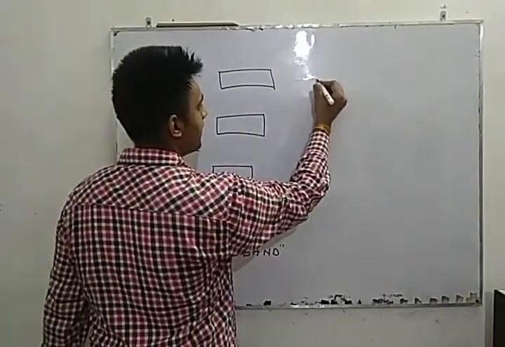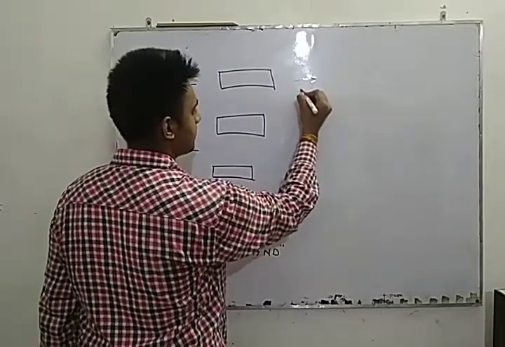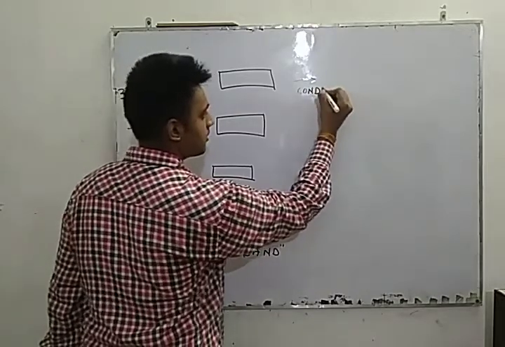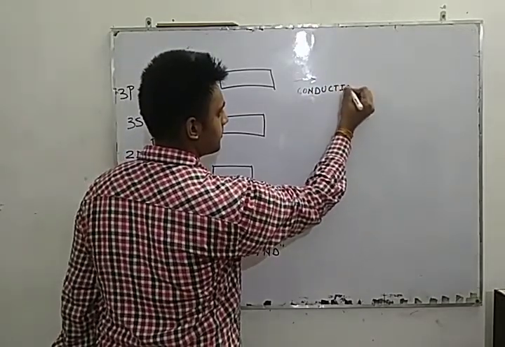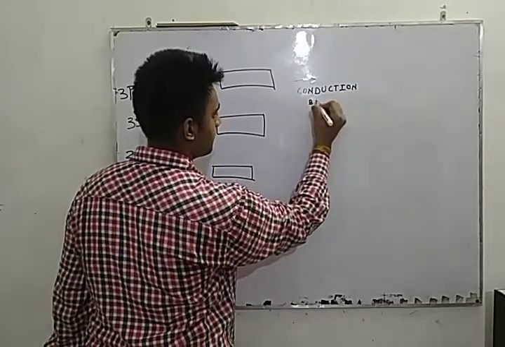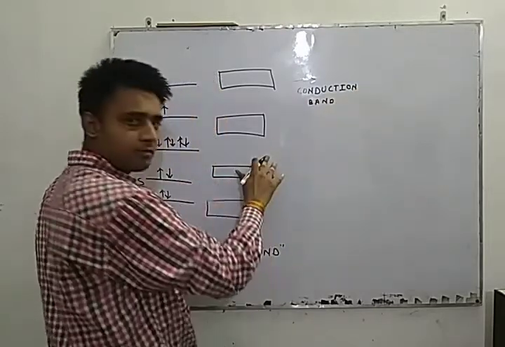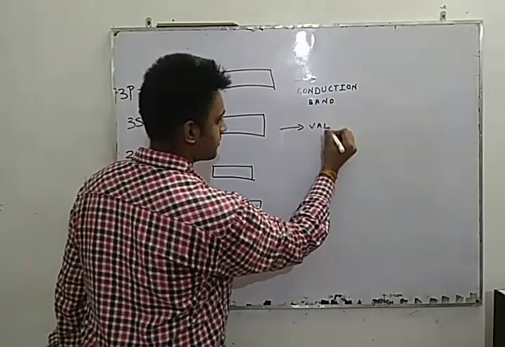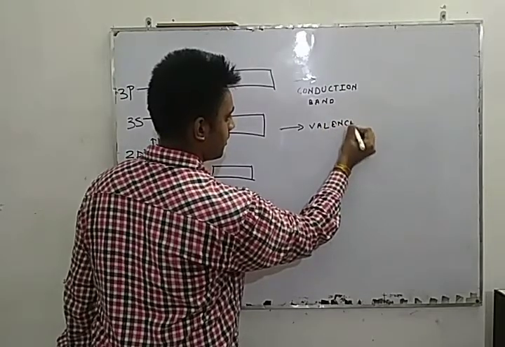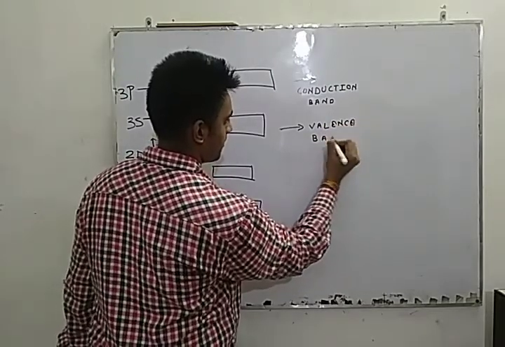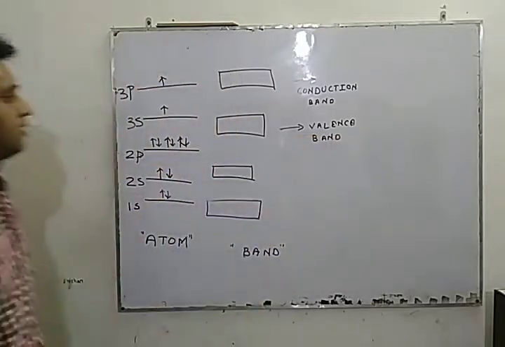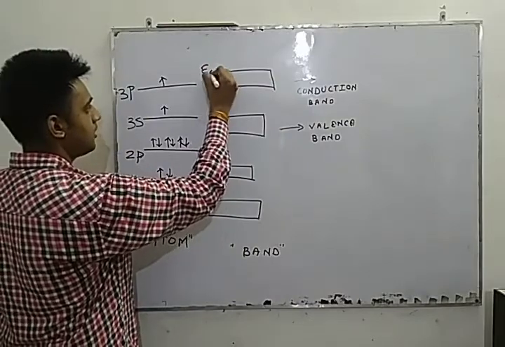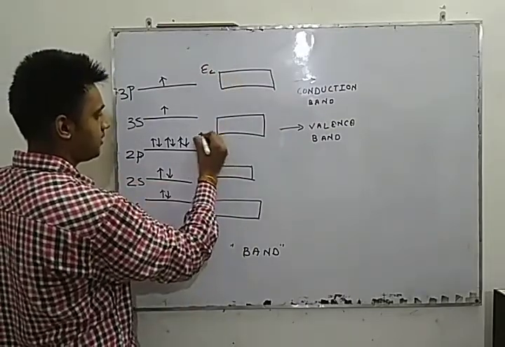The upper band is known as the conduction band and the lower one is known as the valence band. The conduction band has energy EC and the valence band has energy EV.